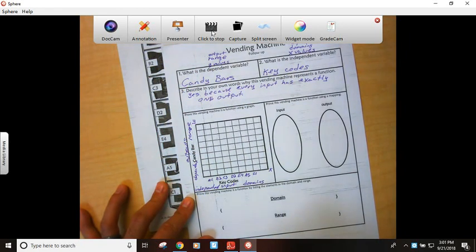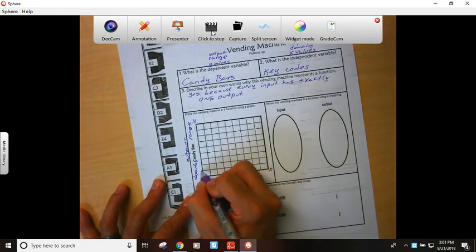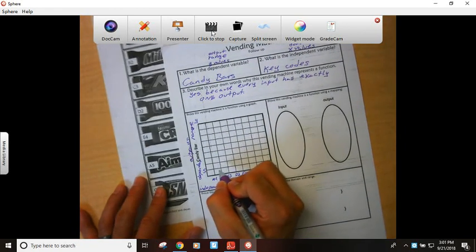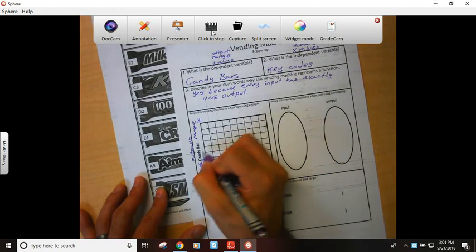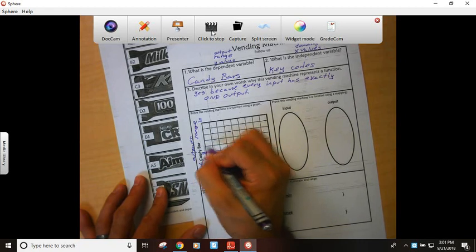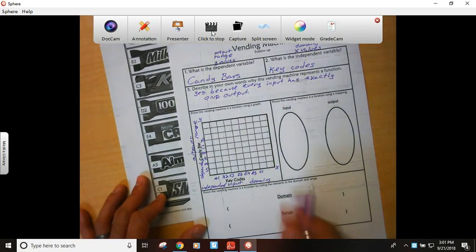Okay? So, our outputs are going to be the candy bars. S for Snickers, M for Milky Way, K for Kit Kat, 100 for 100 Grands, C for Crunch, A for Almond Joy. Now, here's where the confusion happened.